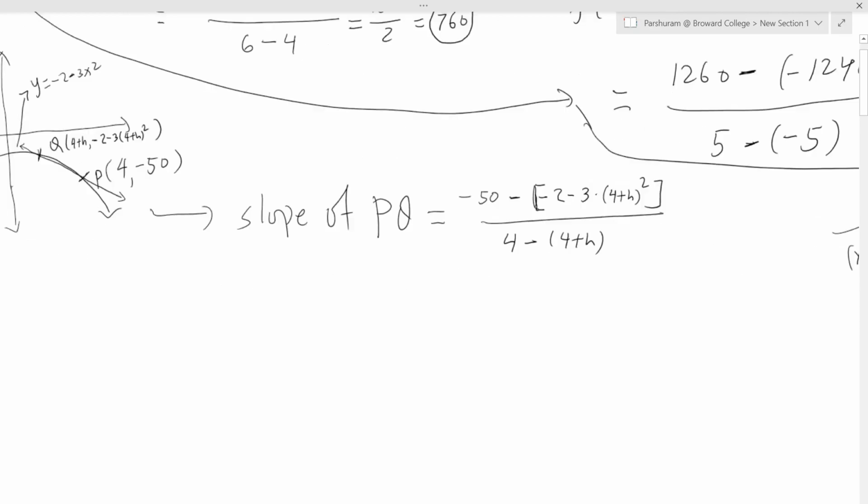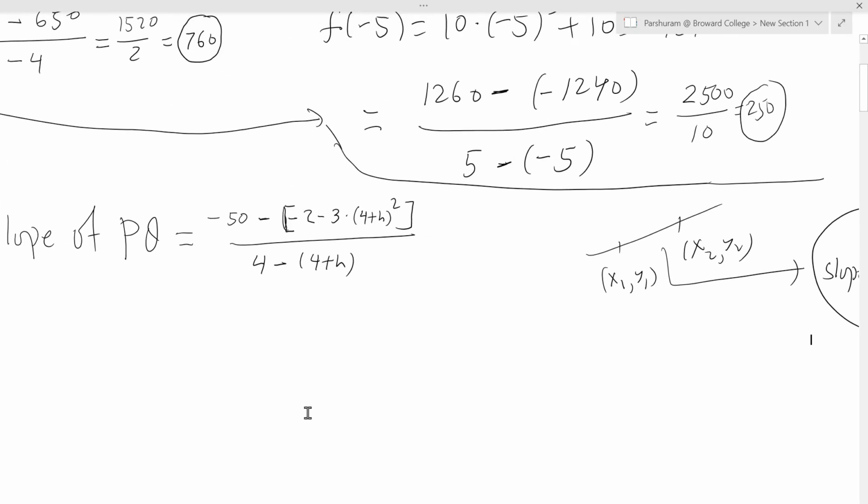this expression here, I'm going to focus here. It would be negative 50 minus, and because there is a bracket sign, I'm going to distribute this negative sign here. It would be positive 2, positive 3, and (4 plus h) squared can be written as (4 plus h) times (4 plus h). That will be actually 16 plus 8h plus h squared.